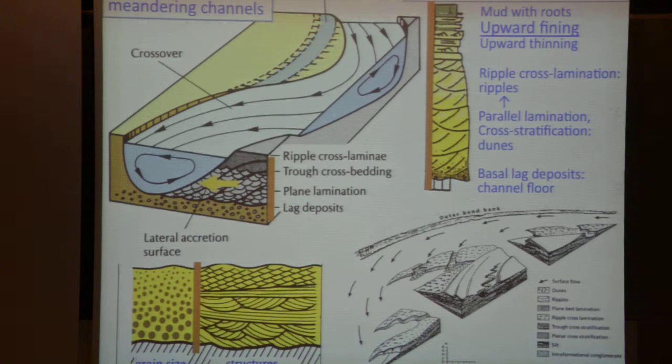Please note that this fining upward pattern is formed by lateral accretion of the point bar. So the vertical stacking pattern of the strata does not represent the vertical distribution of the deposit location, but instead the horizontal distribution of the various morphologies.